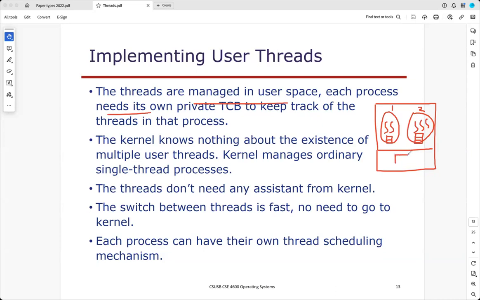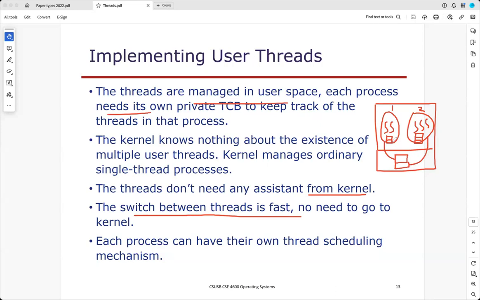It will maintain the process control block of process 1 and the process control block of process 2. The threads don't need any assistance from the kernel. And the switch between threads is fast because the user process creates and switches these threads.